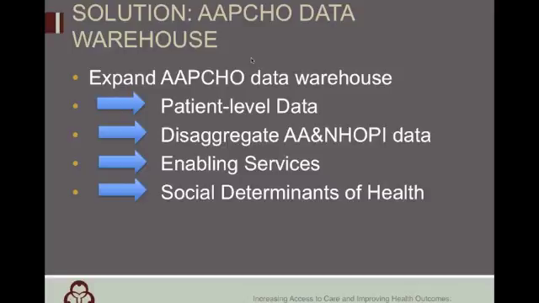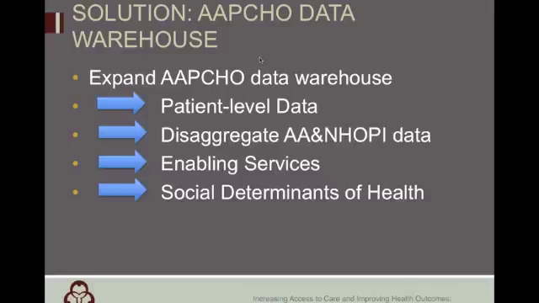We need to be able to prove why we're doing this via the social determinants data, as well as what services we're providing via the enabling services data, so that we can truly justify the cost of these important services. And for enabling services data collection, we have developed the Enabling Services Accountability Project data collection system as a resource.